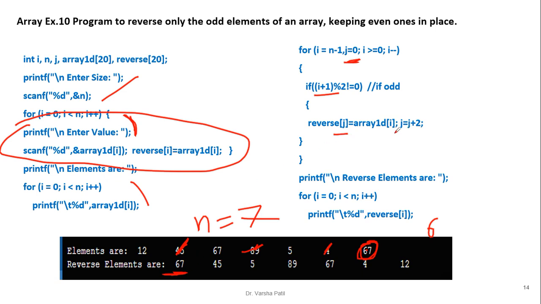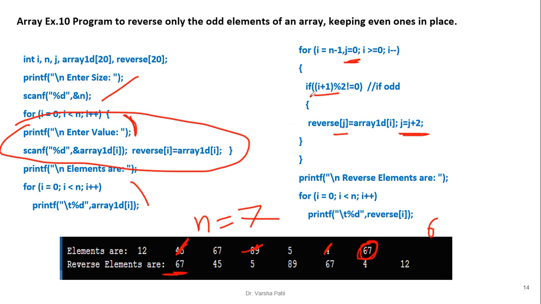Now see how we are checking for the next element. The next element will come as an even element, so we don't want to copy. So next time it will not go into the loop. That's why we are incrementing j equal to j plus 1. So what will happen in the program: initially this is the original array, we copied the same array into the reverse array also. After that we will start from the reverse. If that number is odd, then we require to copy.